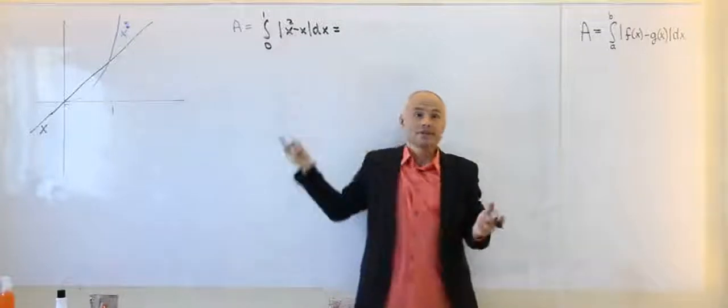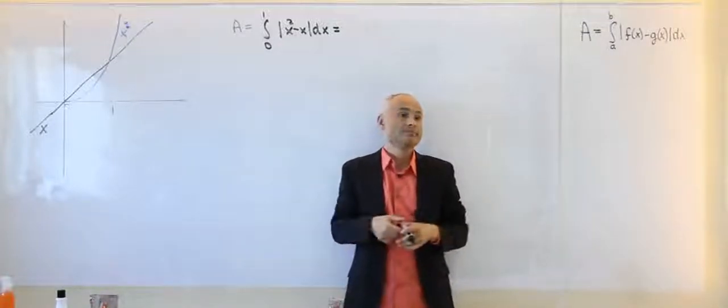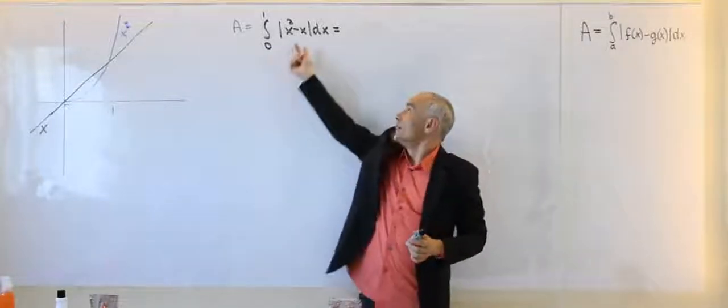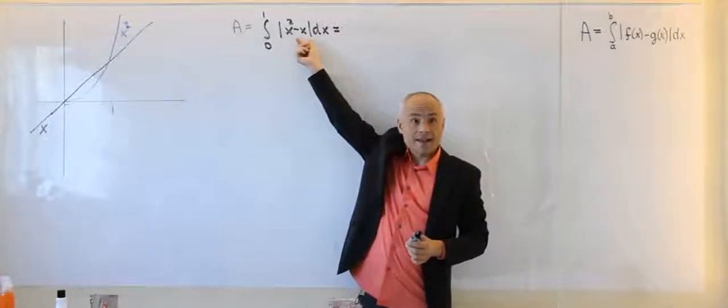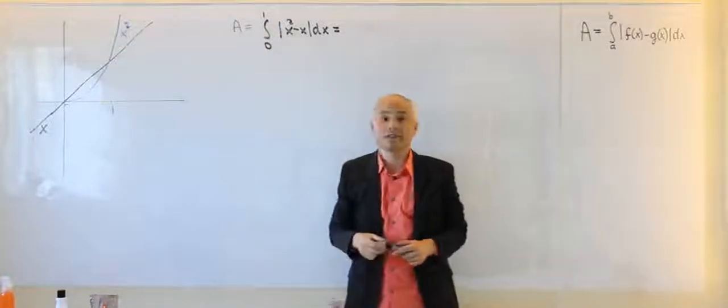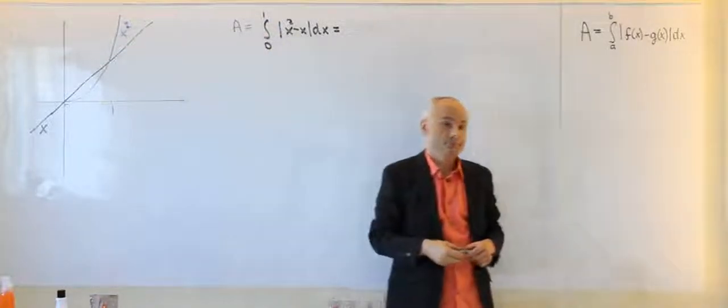And now, how do we solve an integral when we have the absolute value? Well, we have to see if the quantity inside the absolute value is always positive on the interval on which we are considering our function.